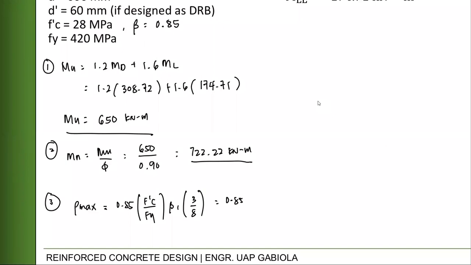So, 0.85, we have 28 over 420. Beta 1 is 0.85 times 3/8. So, rho max is 0.85, 28 over 420, 0.85 times 3/8. That is equals to 0.0180625. Okay?